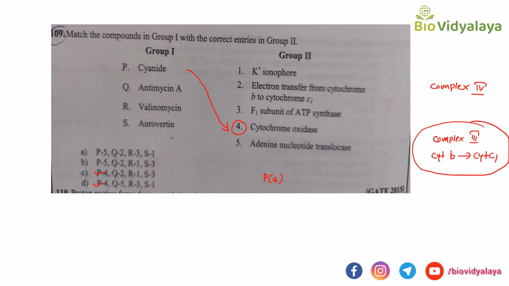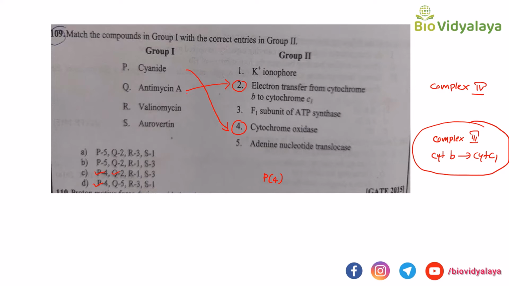So here 2. So Q is 2. Next, see here option Q2, this one. So now itself we are sure that option C is correct, but let's see another also.